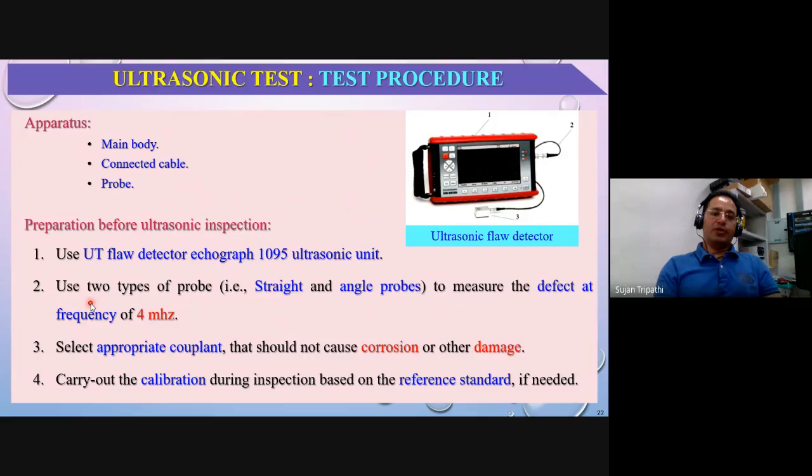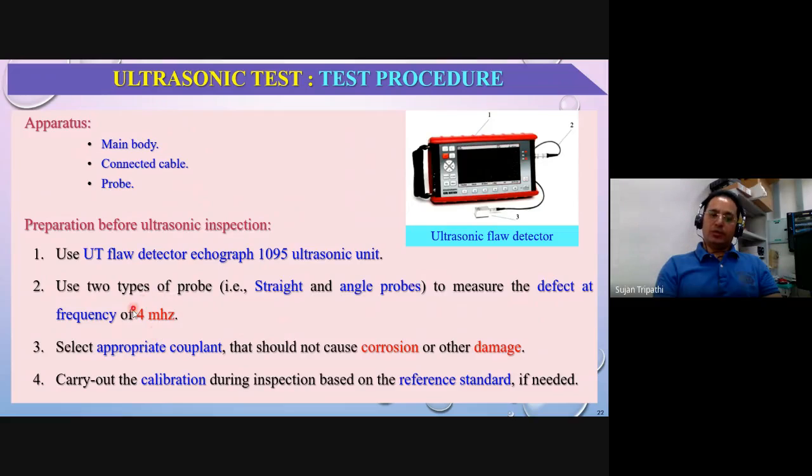So you can write the name of this device in your report, right? And then next, we use two types of probes, the straight probe and the angle probe. I already explained why and how we use these two probes, right? Basically, these two probes are used to measure the defects at the frequency of 4 megahertz. You have to be careful about this value, right?